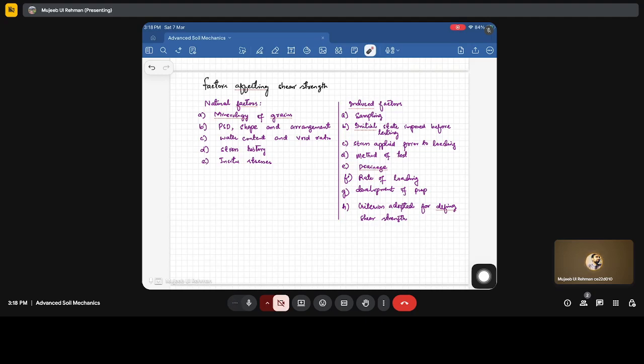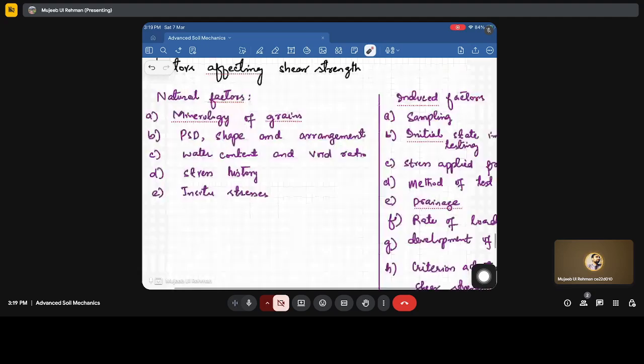Similarly, the arrangement, or the way we pack the soil, is also going to affect the strength of the soil. Water content and void ratio, which are considered the initial state of the soil, are also going to affect the strength. After that, we have the stress history.